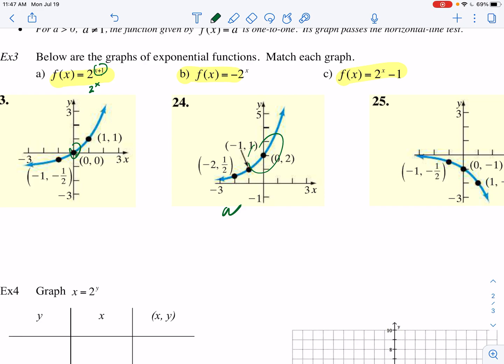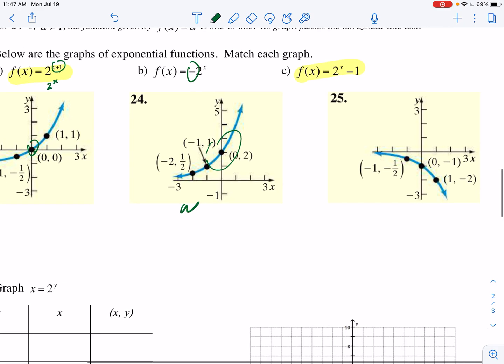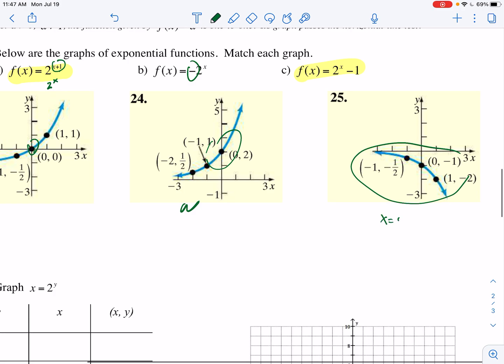You have a negative in front of the 2, for example, so that's going to make all the y values negative. So if all the y values are negative, you're looking at this graph here, right? For example, when x is 0, negative 2 to the 0 is going to be negative 1, and that's going to be this point there.